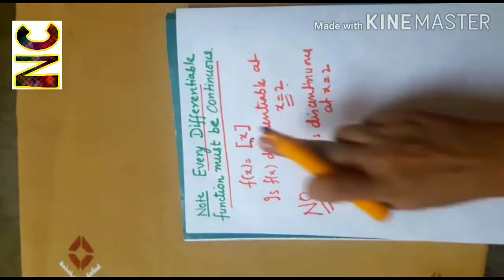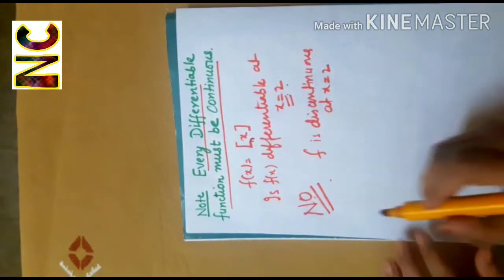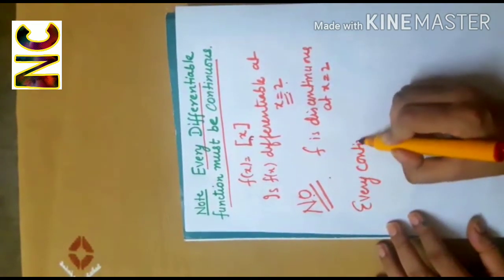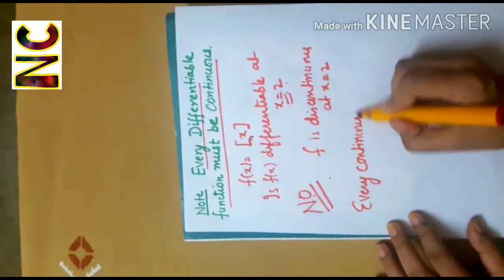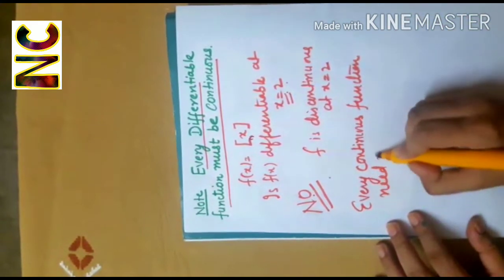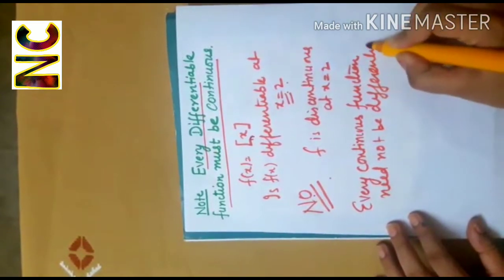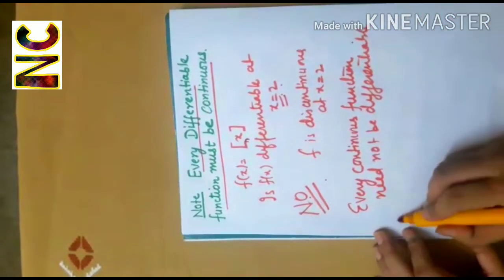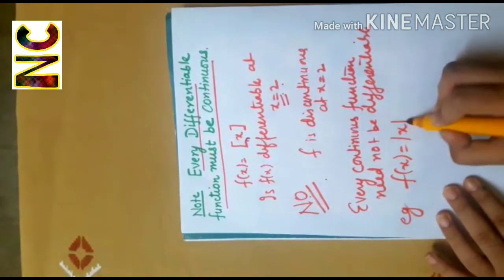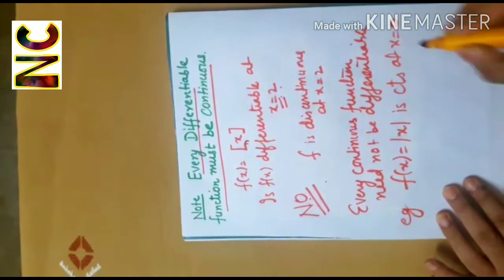But the converse of this statement is not true. That is, every continuous function need not be differentiable. For example, f(x) equals mod x is continuous at x equal to 0.